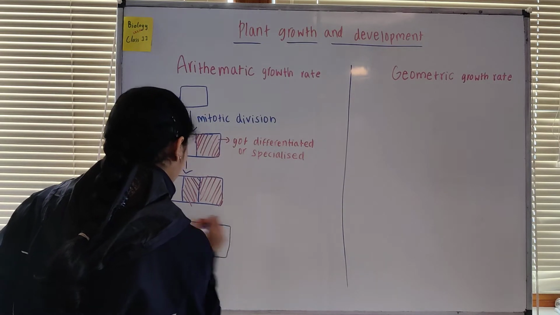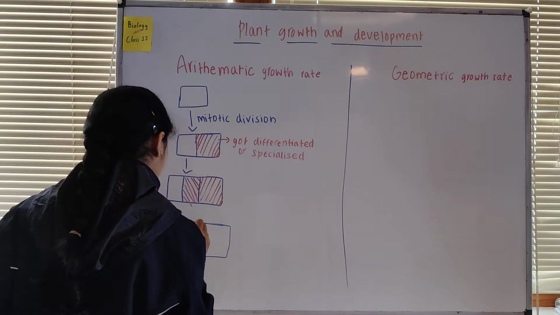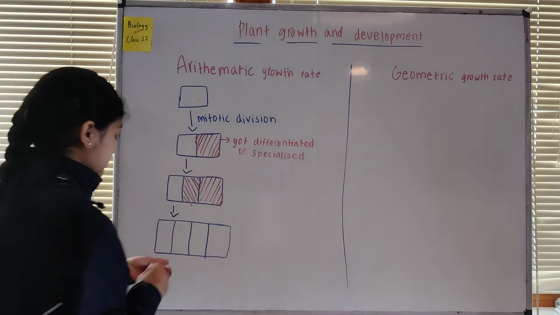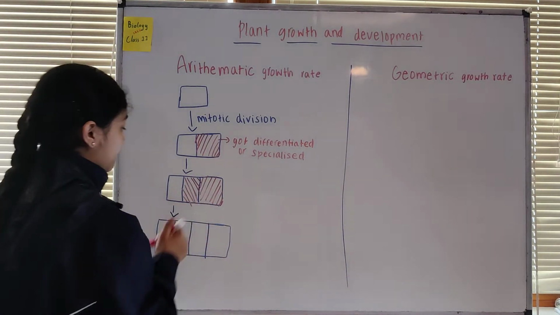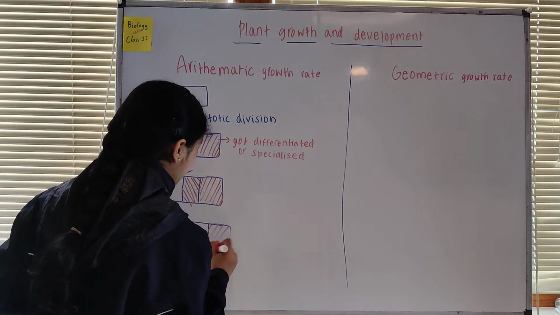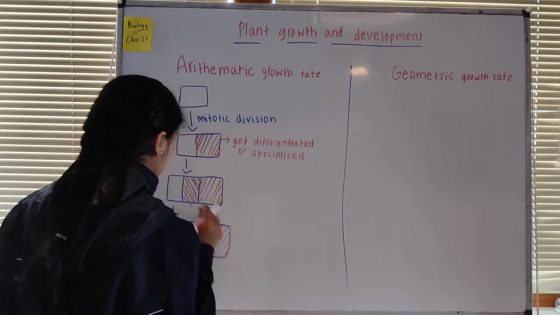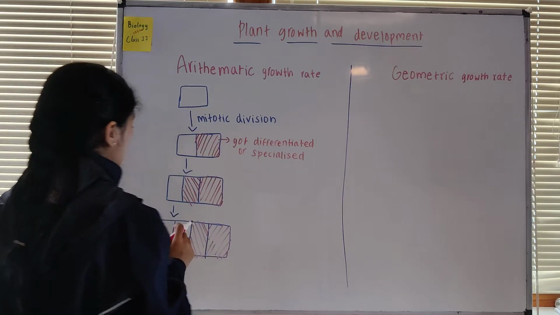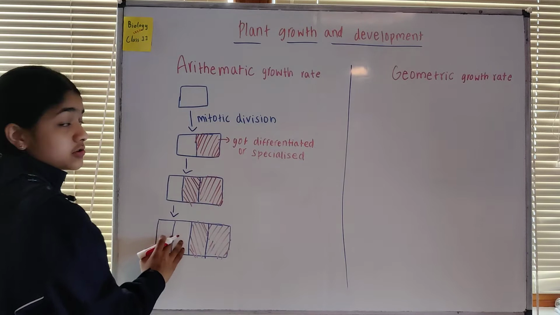It gives rise to two more daughter cells. This cell has already got differentiated, and this cell also already got differentiated. And this cell has given rise to two daughter cells.